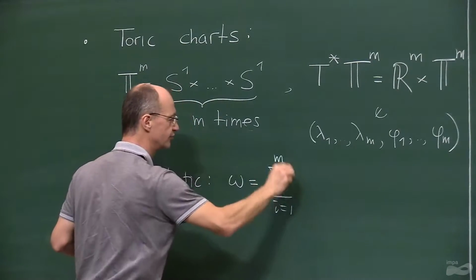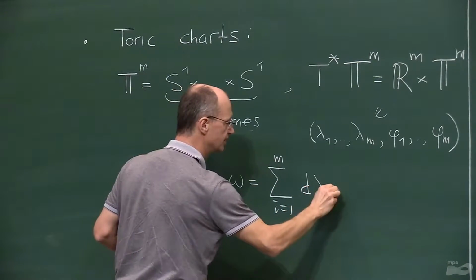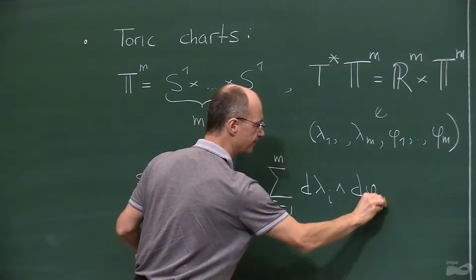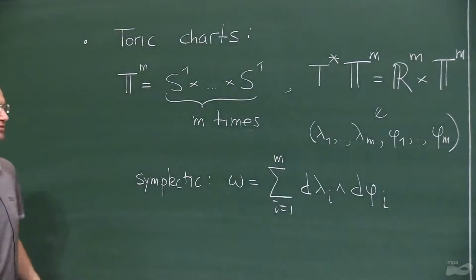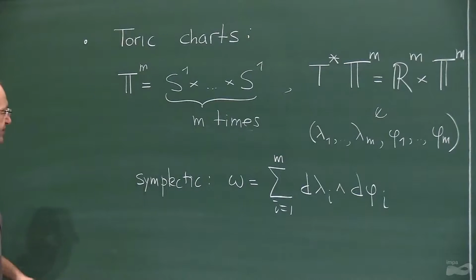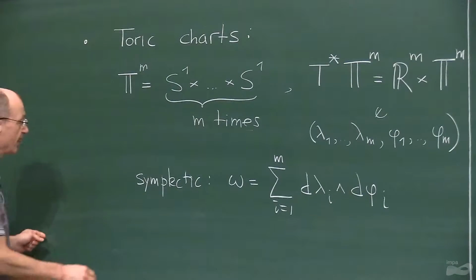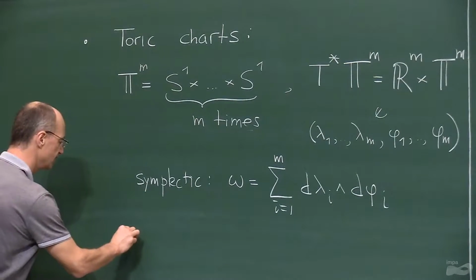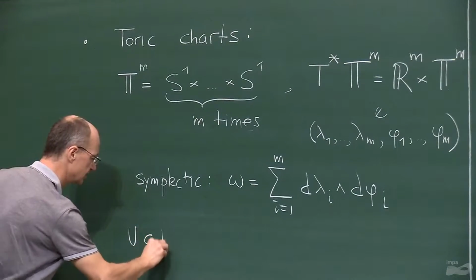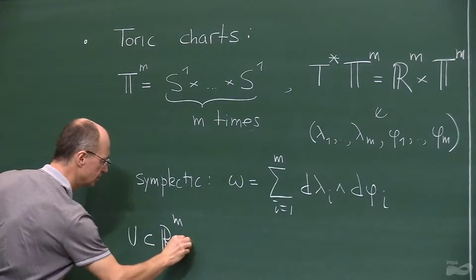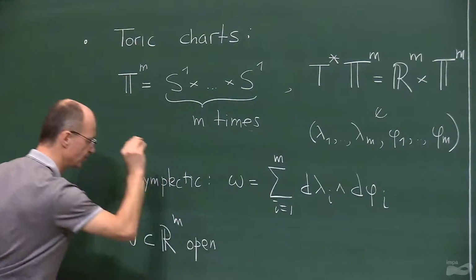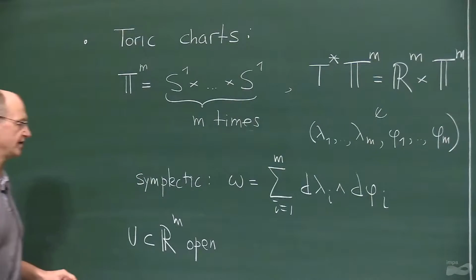With symplectic form, well, I never know what's the correct sign. So let's say maybe we choose this sign, but no guarantees about the signs. And now let's take U an open subset of R^m.